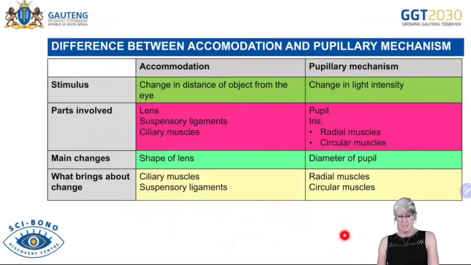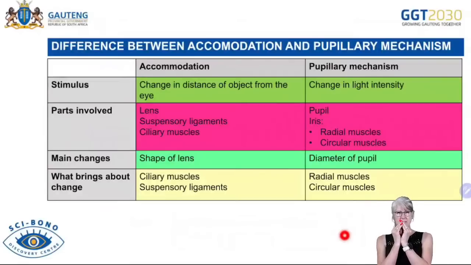The main change that occurs in accommodation is the shape of the lens. It becomes either more convex or less convex. Whereas in pupillary mechanism, the size of your pupil is going to change. And then what brings about the change?